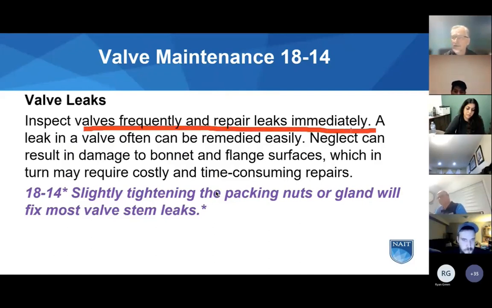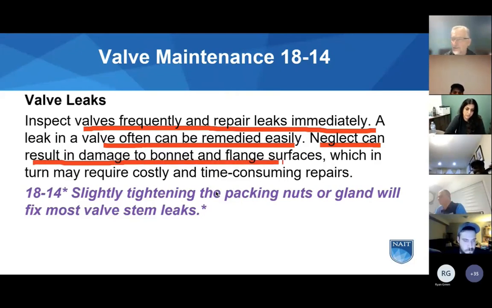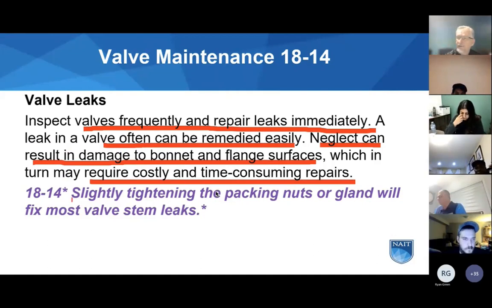Repair leaks immediately. A leak in a valve can often be an easy fix. Small leaks left to neglect, or ignoring them, results in damage. Different things can be damaged, and replacing a valve is always more expensive than minor repairs.